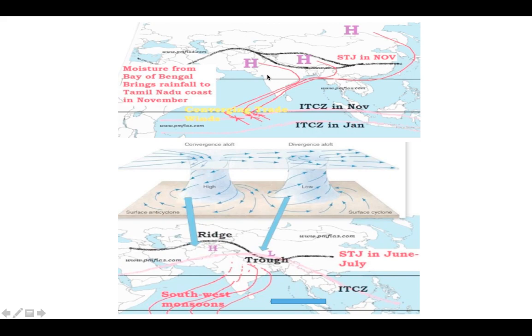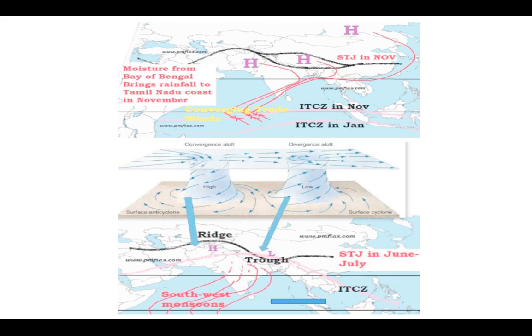Okay, but as you go towards the month of May, somewhere close to May, this STJ slowly starts moving towards the northern face of the Himalayas. Okay, so now there is no more STJ over India. Now this is the perfect time for the formation of the TEJ.